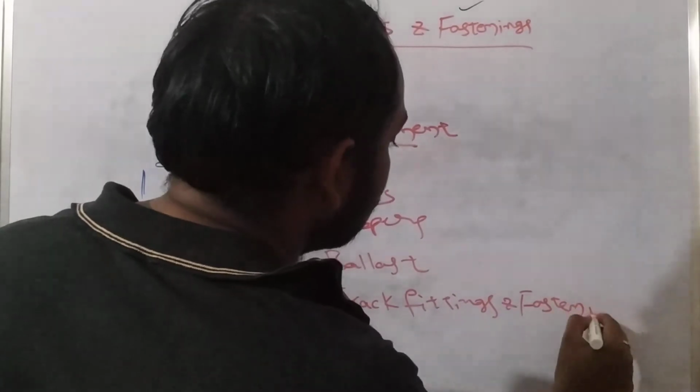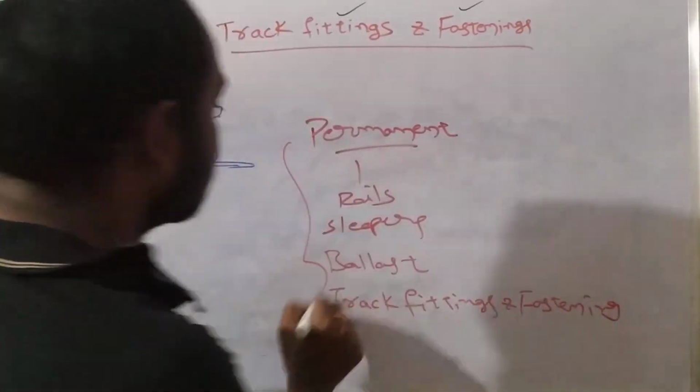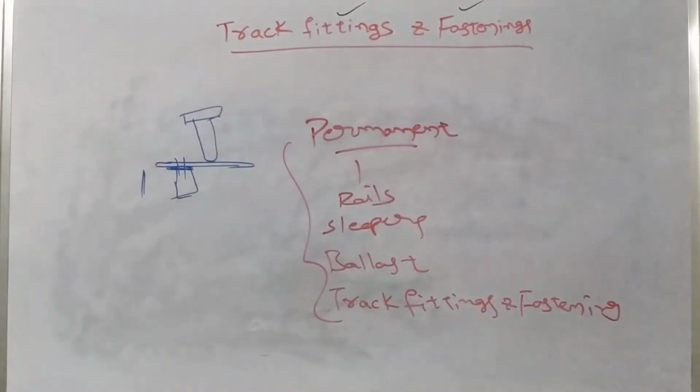These are the four major important components involved in the study of permanent way. So we have completed the concept of permanent way.